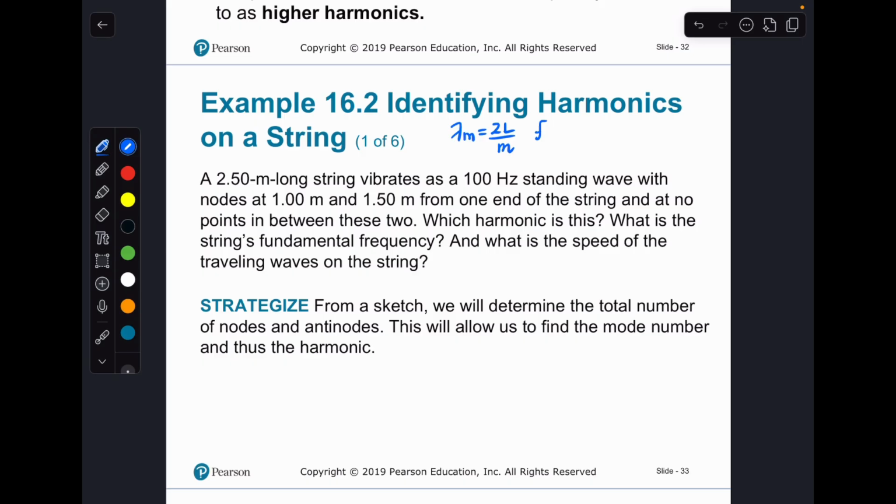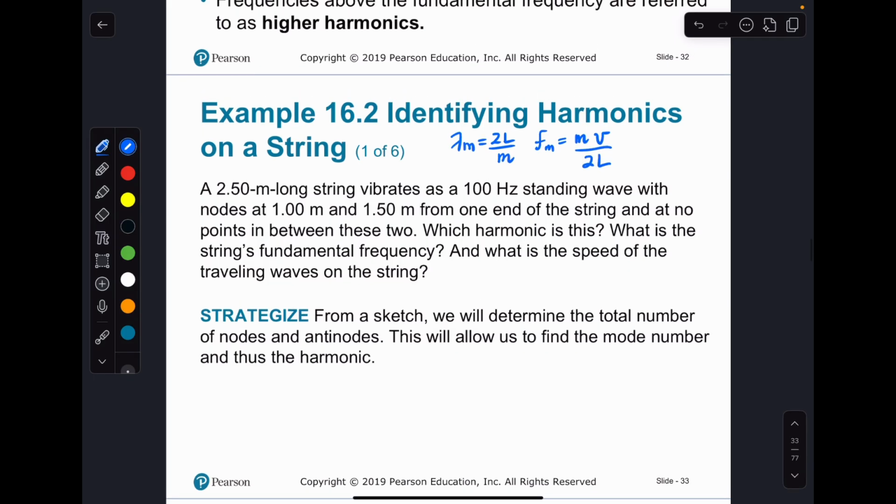We also learned that the frequency of the standing wave also depends on the mode, and we were able to convert wavelength to frequency using our wave equation, which made the fundamental frequency equal to the mode times the velocity over 2L. What we also know is something about the spacing between nodes.